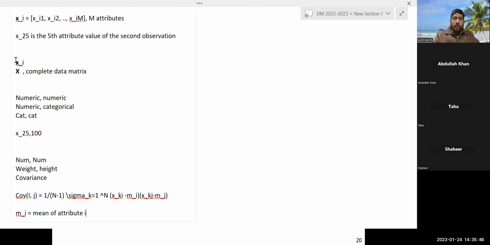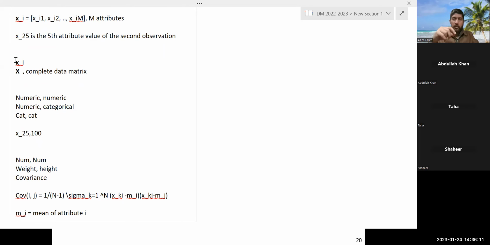ठीक है. So this would give you the sample covariance, and this way covariance can be negative, can be positive. So a positive covariance means that these two attributes are positively correlated, meaning that if one increases, the other also increases. So in this particular example, usually height would also increase in general with weight.